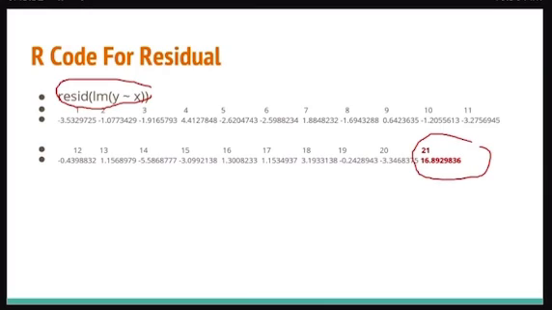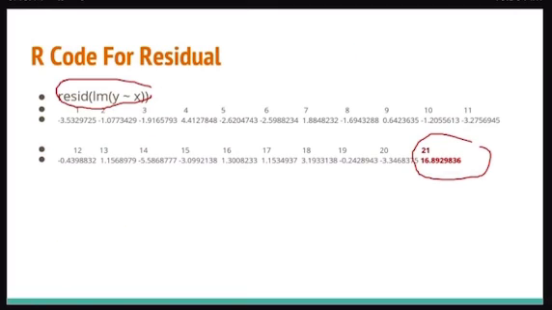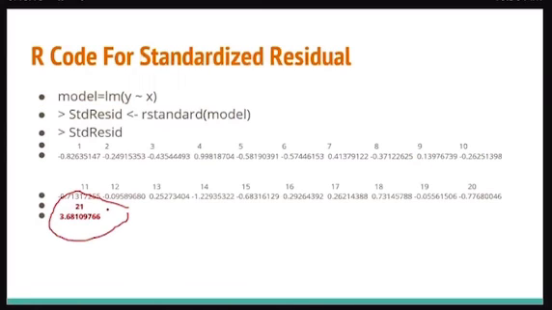Okay, what about the code for standardized residual? This is the code. You're going to write rstandard into that. Can you see the red flag, right? Number 21 as well. Using residual, it pointed out observation number 21. Using standardized residual, it actually flagged observation 21.